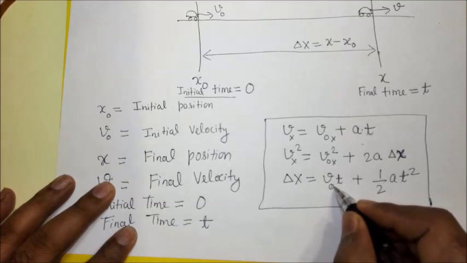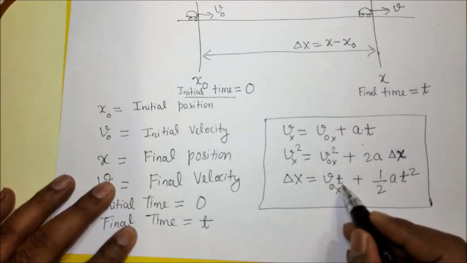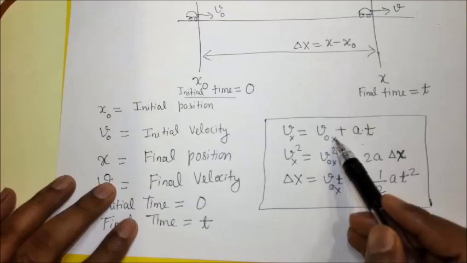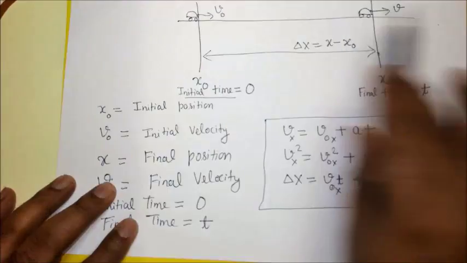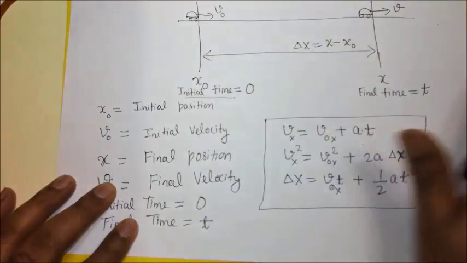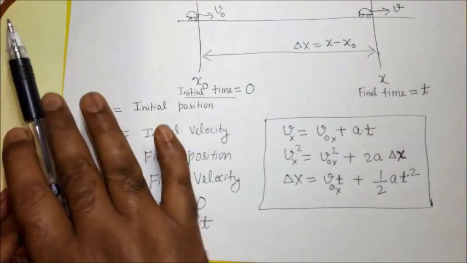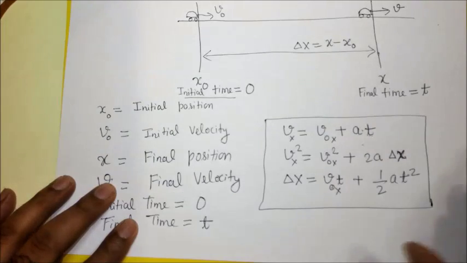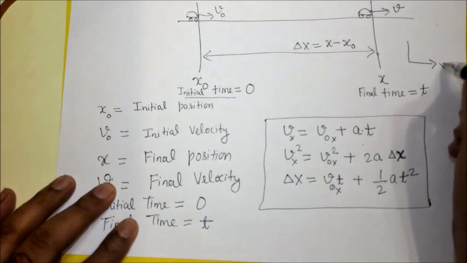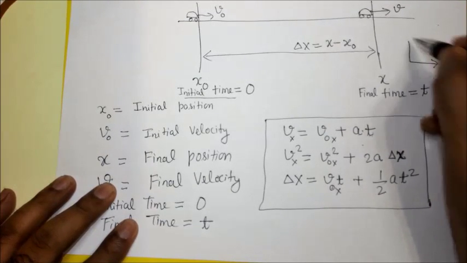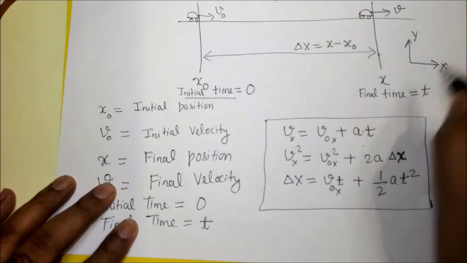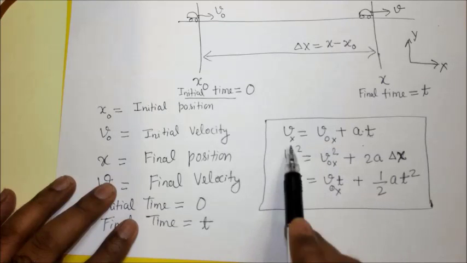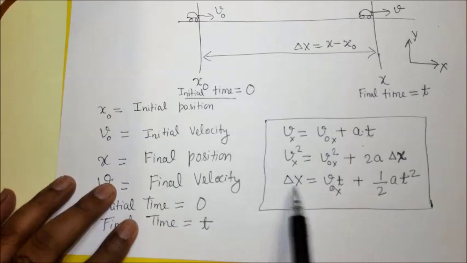Delta x is equal to v initial x t plus 1/2 a t squared. Putting a suffix here means that it is happening on the ground, on horizontal, on the x-axis. Your x-axis can be taken as horizontal, and your y-axis can be taken as vertical. So putting an extra suffix adds clarity.